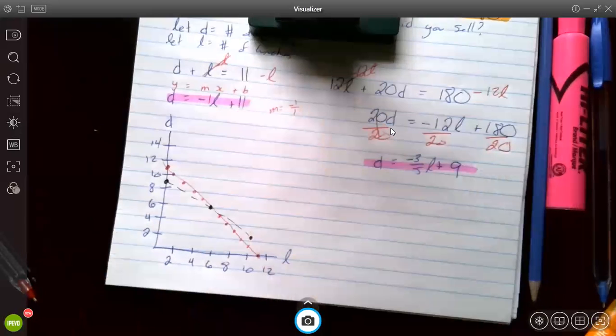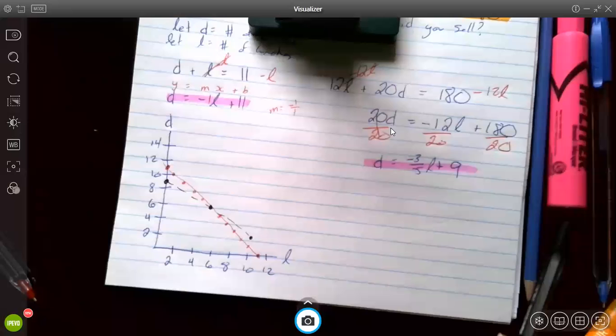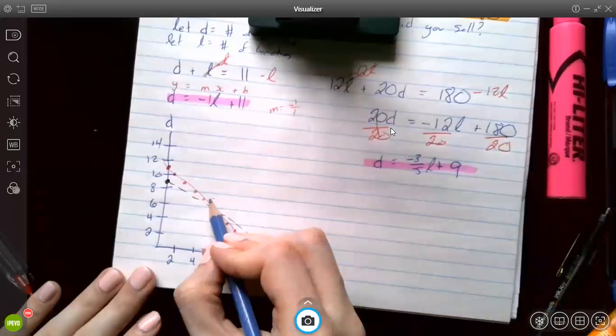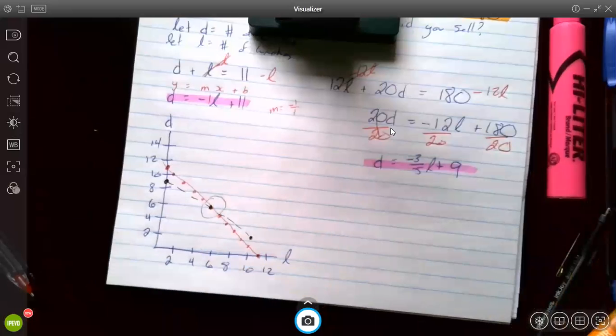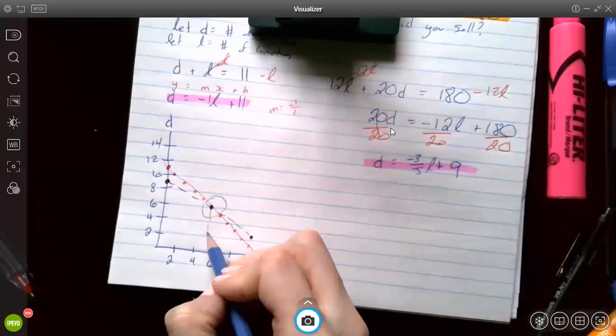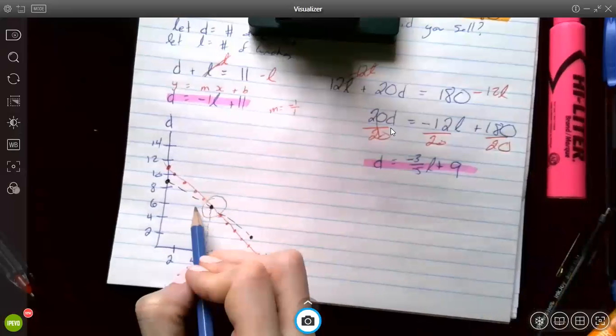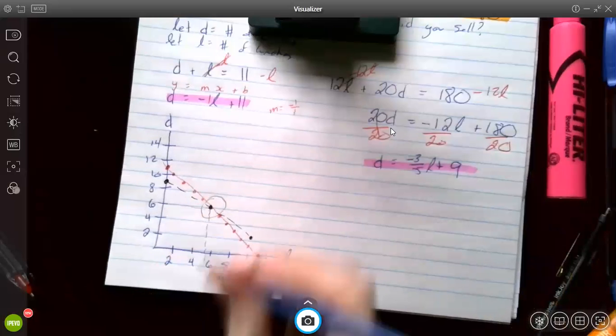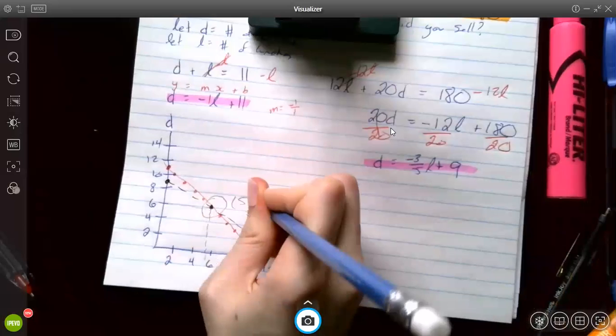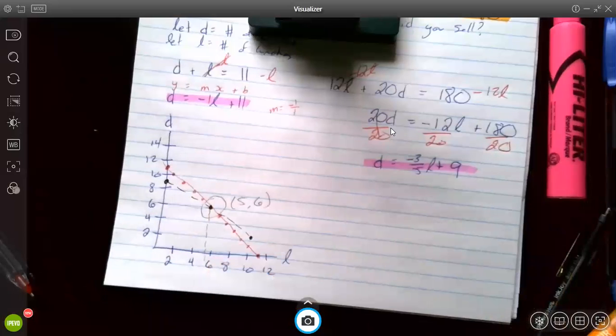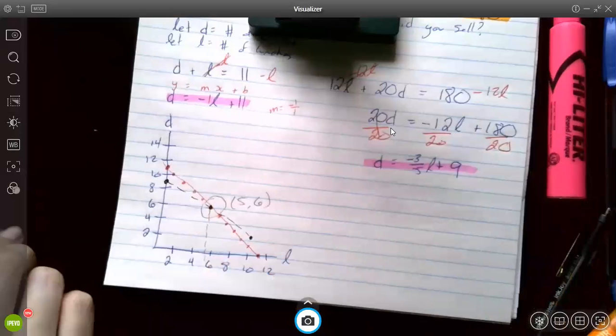Okay, and then from there, you can see that these two lines intersect at that point right there, which is 5, 6. Okay, that is where the two lines intersect.